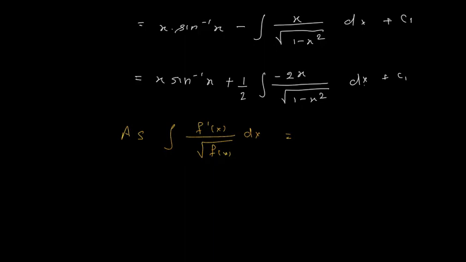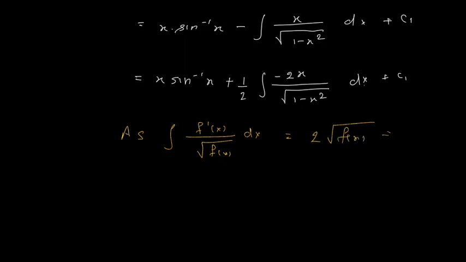So fx becomes t power minus half. So minus half, t power when we are integrating, so it is t power plus half divided by half, that will become 2 times. So here the formula is 2 root of fx, plus c.